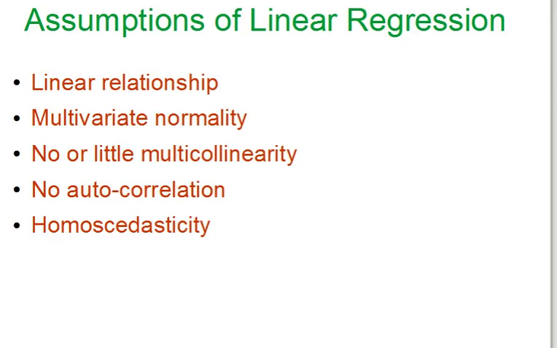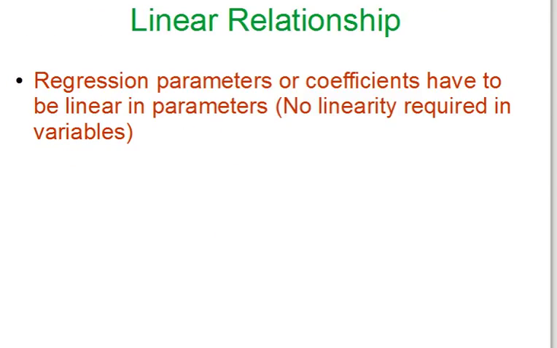Some of the problems which we will discuss are also the assumptions. When you are doing a simple linear regression or multiple linear regression, there are assumptions in that. The first assumption is a linear relationship, then multivariate normality, then multicollinearity, autocorrelation, and homoscedasticity. I will talk in brief about all of these.